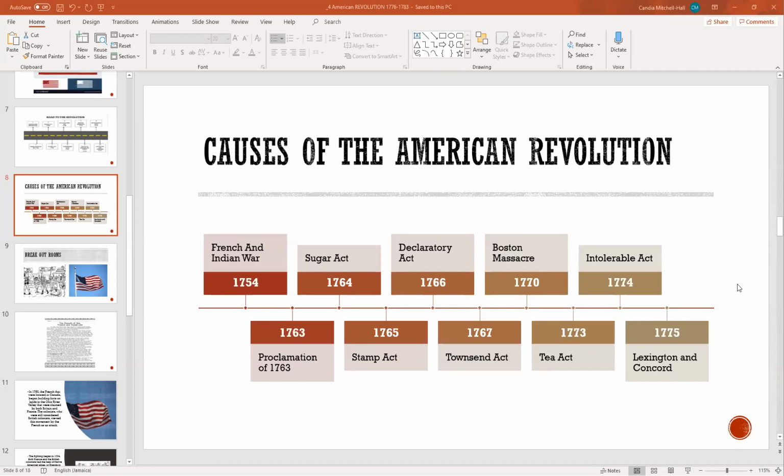I agree with you to some extent, because at one point you don't want to pay for the war, but you want to benefit from the Western lands. And that's one of the reasons why they were upset, because Britain told them to get off the land.